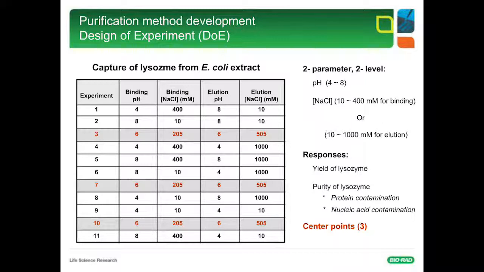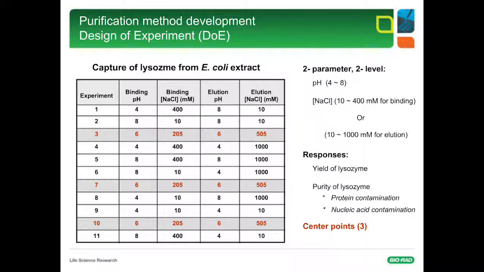And then to look at the effectiveness of the purification, we check the yield and the purity of the target protein, in this case lysozyme, from the column. So we want to see, after the selective binding and selective elution, what kind of lysozyme purity and yield we can achieve as a way to evaluate the effectiveness of the purification.